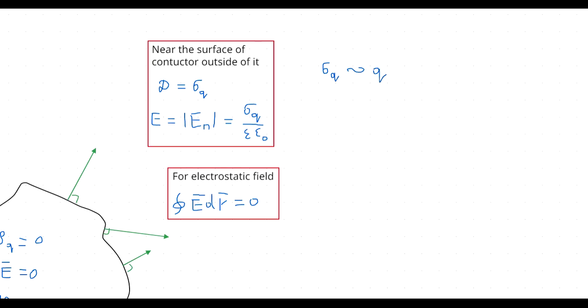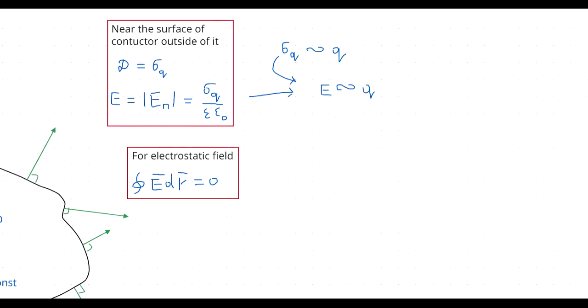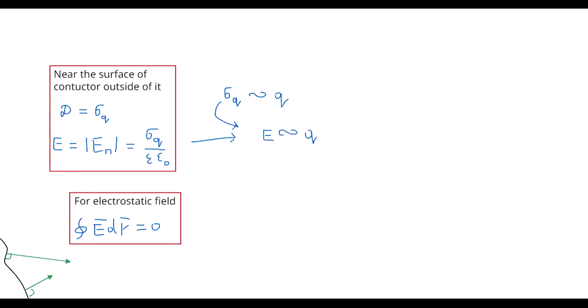If we have only an isolated conductor, we have direct proportion between them, and it means that electric field intensity is proportional to electric charge, because we always have that electrostatic field intensity is equal to minus del operator of electrostatic potential.